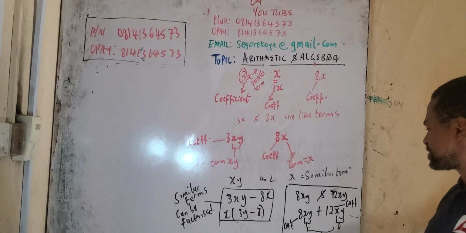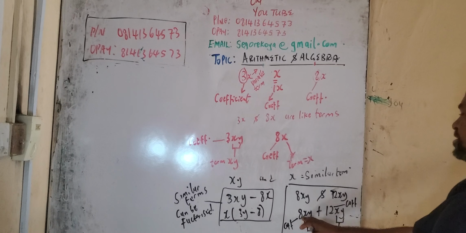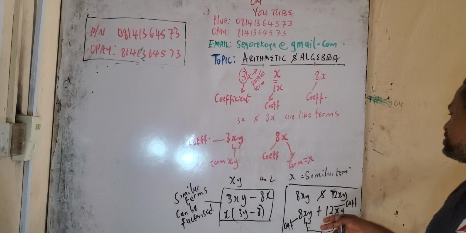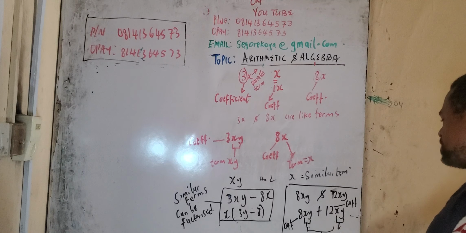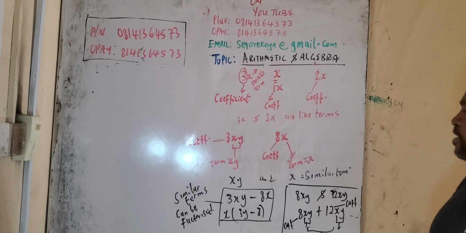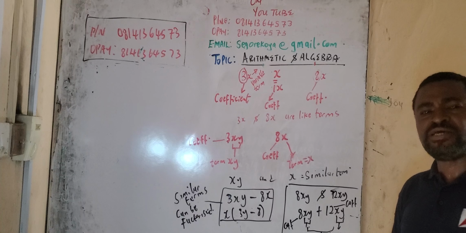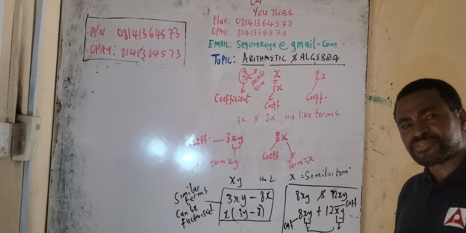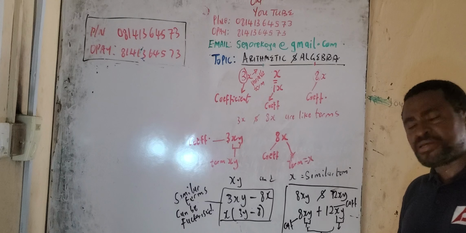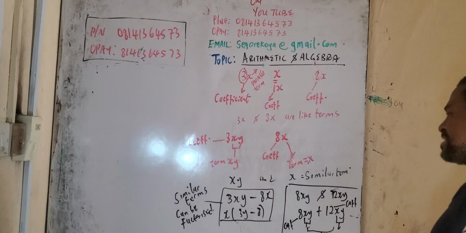So this shows us that like terms can be added together. You can just say 8 plus 12, that's 20xy. So like terms can be factorized. Similar terms can be factorized. Like terms can be added together. But similar terms cannot be added together because they don't have the same variable.